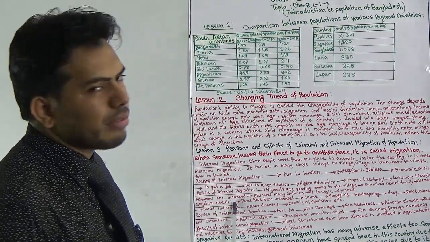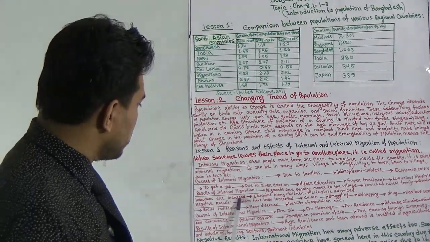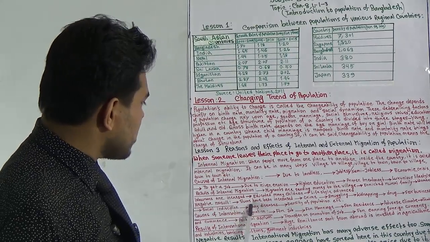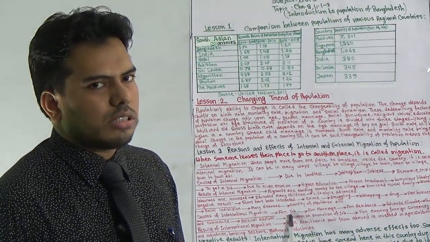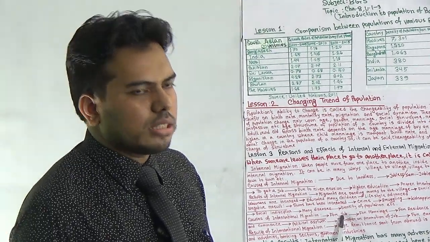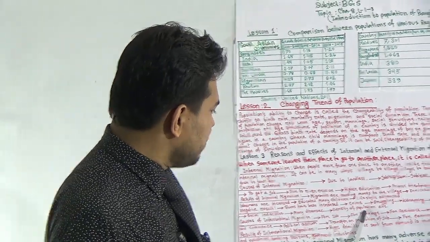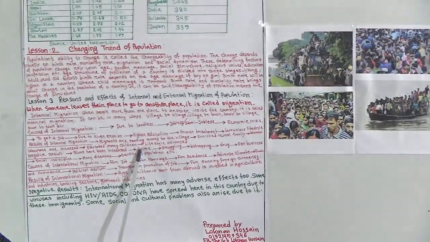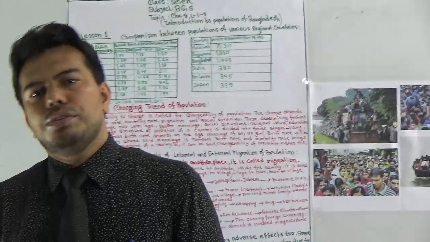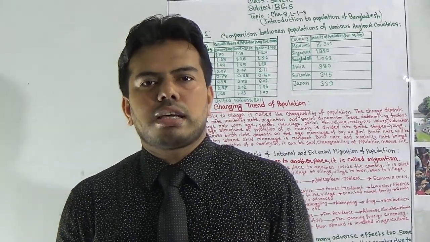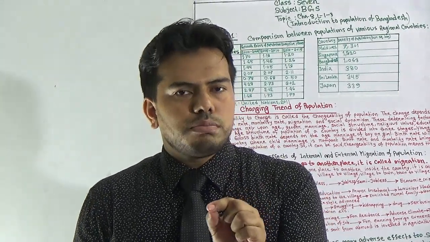Negative results: there are some adverse situations too. First of all, slums have increased. There are lots of slums that have extended in our Dhaka city after migration. Density of population and crime: if we open the newspaper, we can see news of crime, kidnapping, smuggling, etc. due to migration.